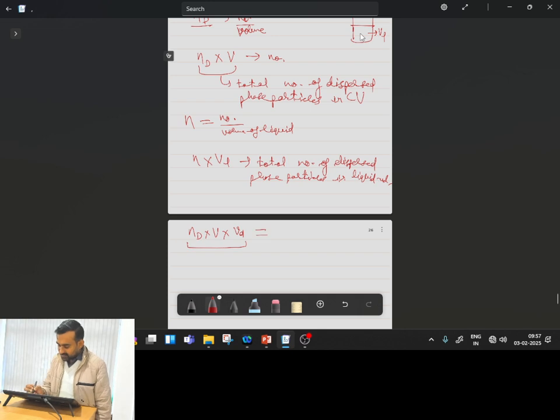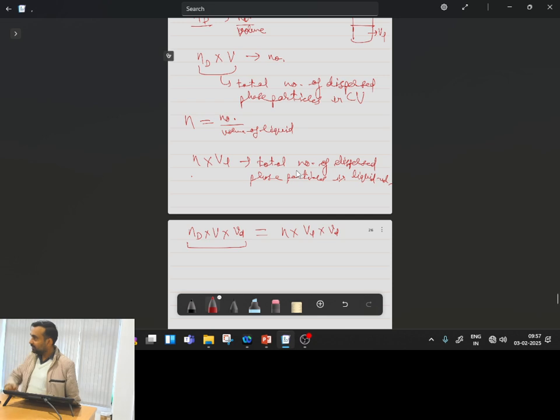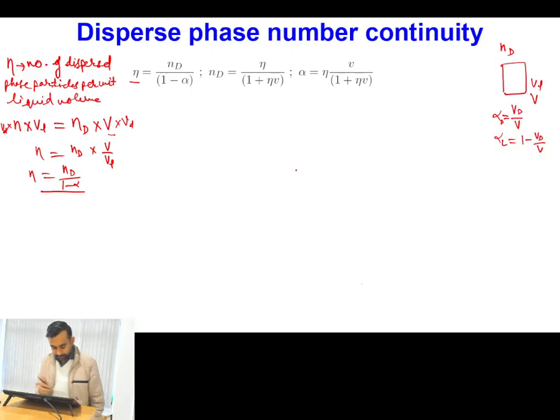And in the same control volume, if VL is the liquid volume, then this has to be equal to eta into VL into Vd, because eta into Vl represents the number of dispersed phase particles in the liquid volume. Is this one clear or not? So from here, you will get eta as eta d by 1 minus alpha.